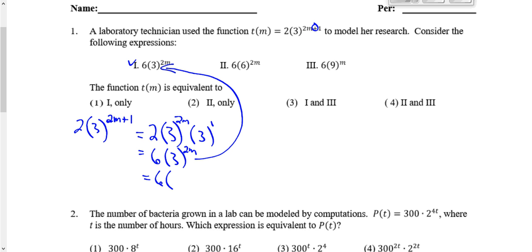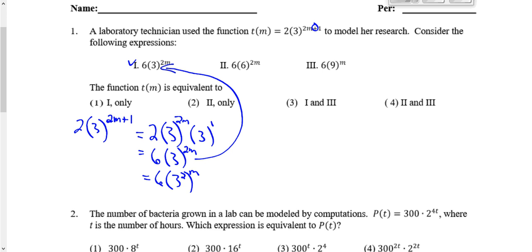So what do you think this looked like then? 3 squared in here, and then m on the outside, right? Because the way we've been doing it, if we had this, we would call this 3 to the 2m, where you multiply the exponents, right?